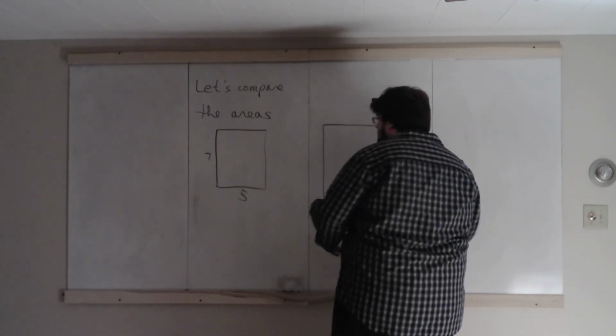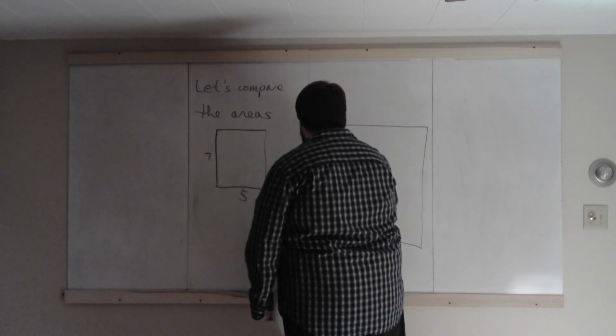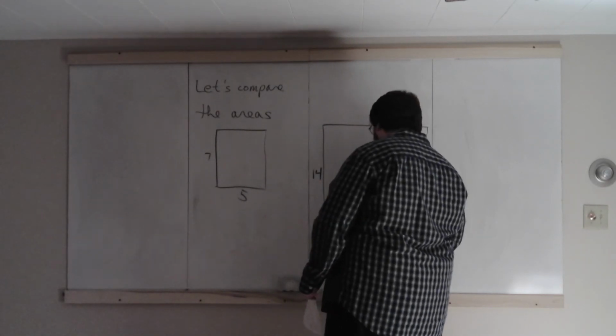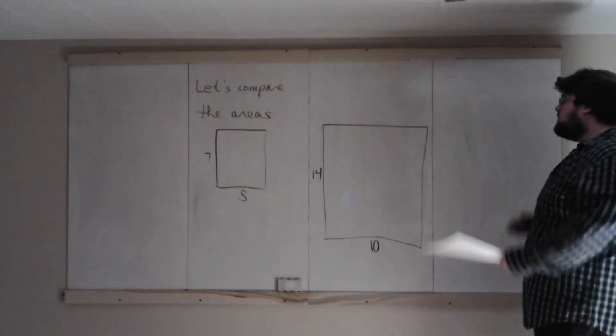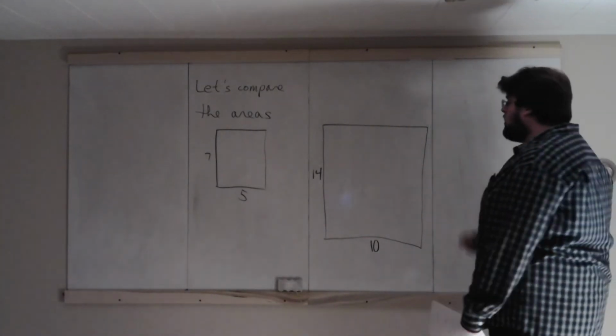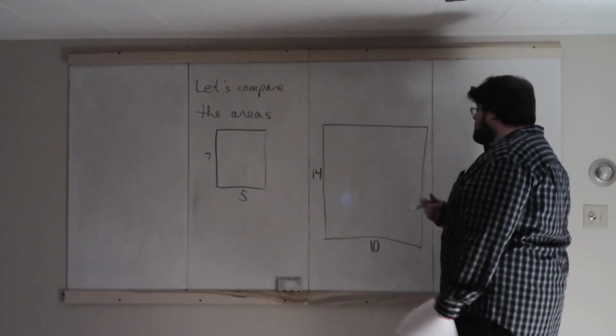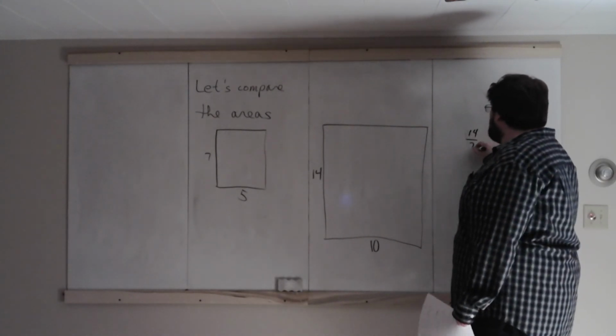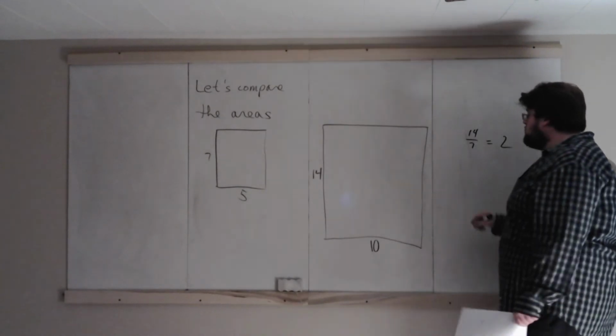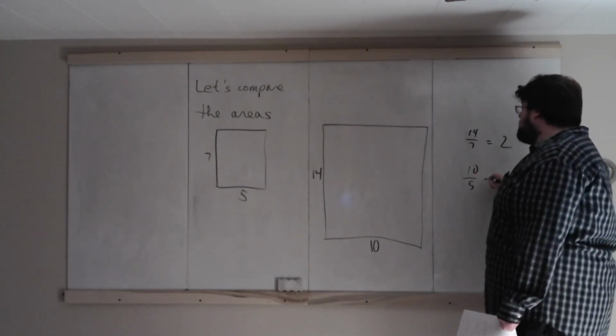So this question will have 2 parts. Are these similar? And then look at their corresponding areas and how they relate. These 2 rectangles, well, to see if they're similar, let's compare sides. 14 over 7 is 2. 10 over 5 is 2.